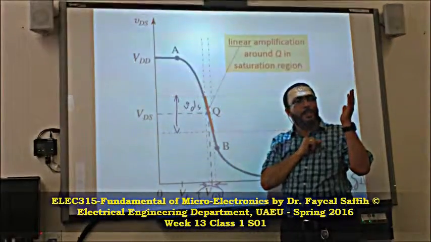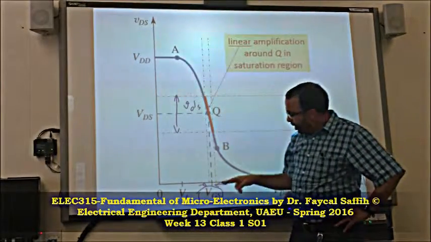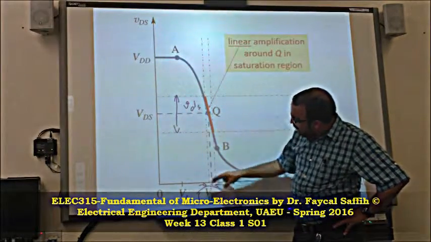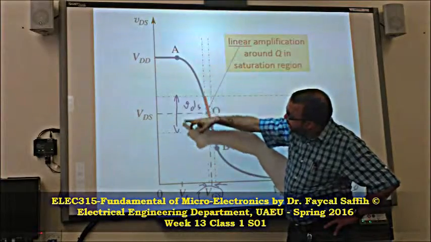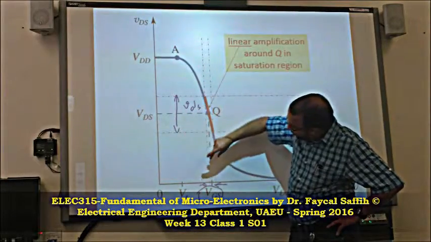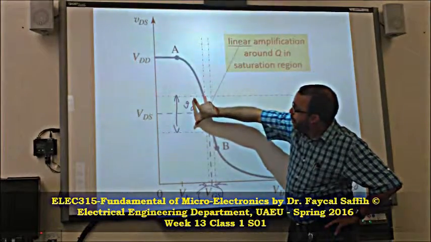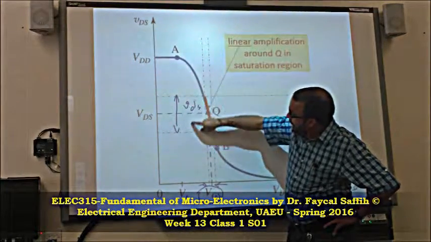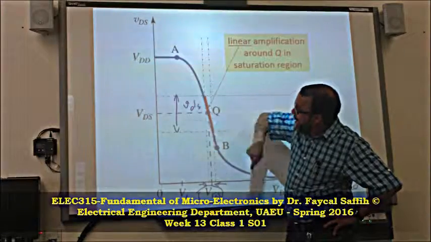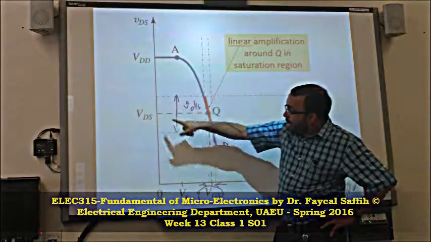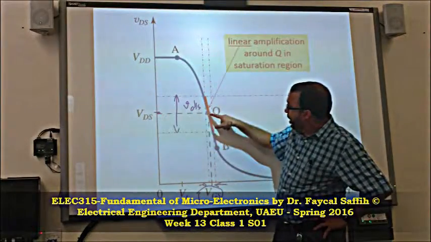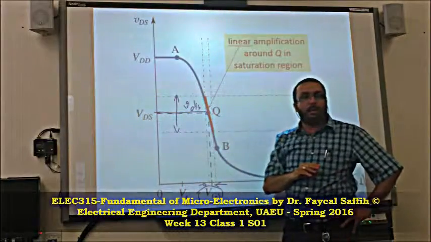That's the trick. And not only that, when I make this small, my output AC is going to be big. See? A small change in the input equals a big change in the output. So this is the AC signal at the output, VDS. The DC is there, I'm not talking about that one.